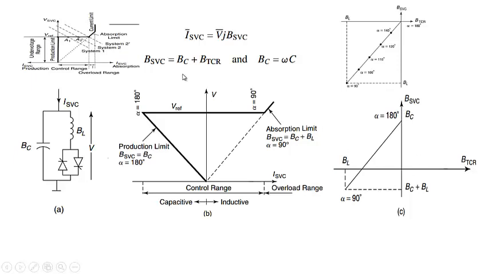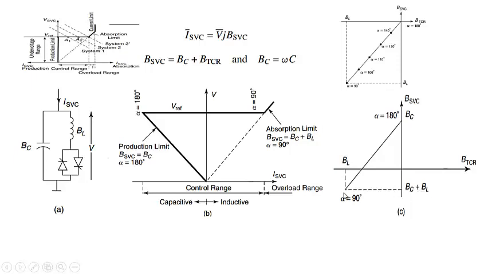When alpha is equal to 90 degrees with respect to the peak, that is, alpha is equal to 0 degrees with respect to peak and 90 degrees with respect to the origin, this BTCR is equal to minus BL. So total BSVC will be equal to BC minus BL. It has been shown here as plus BL, it should be minus BL.